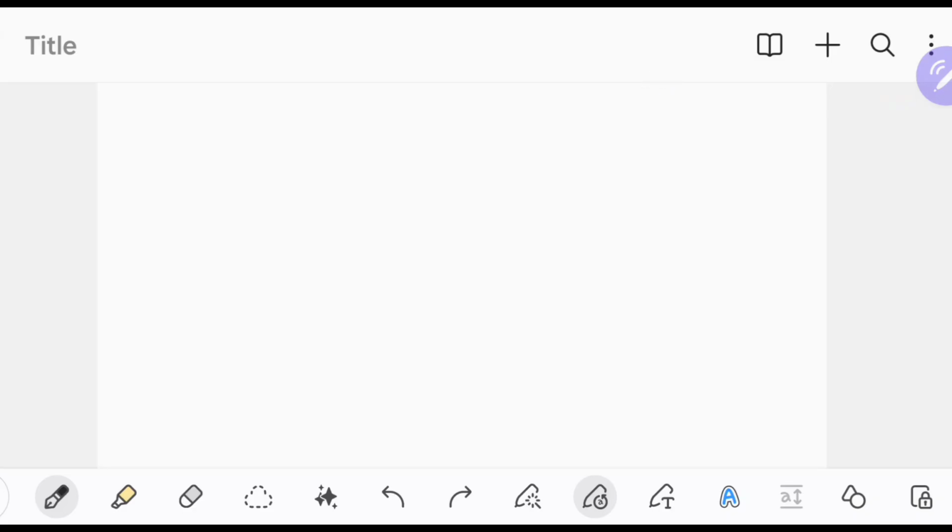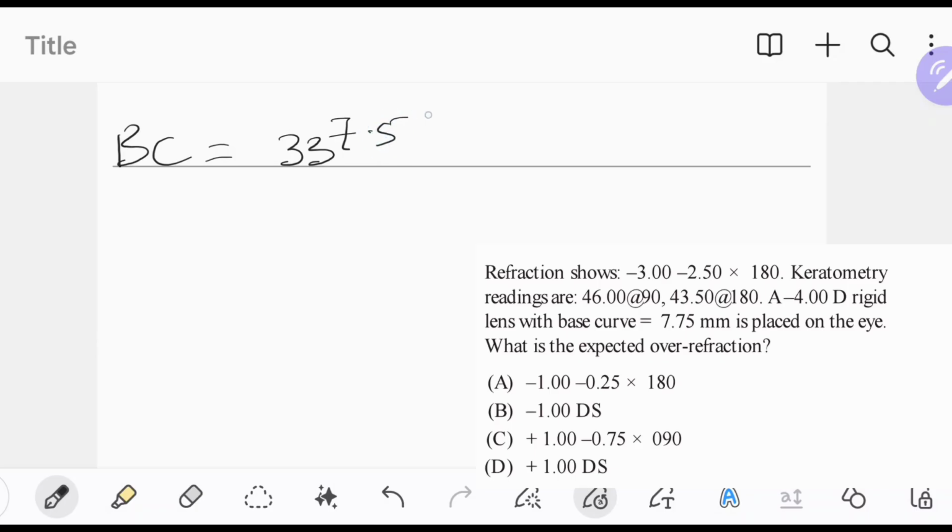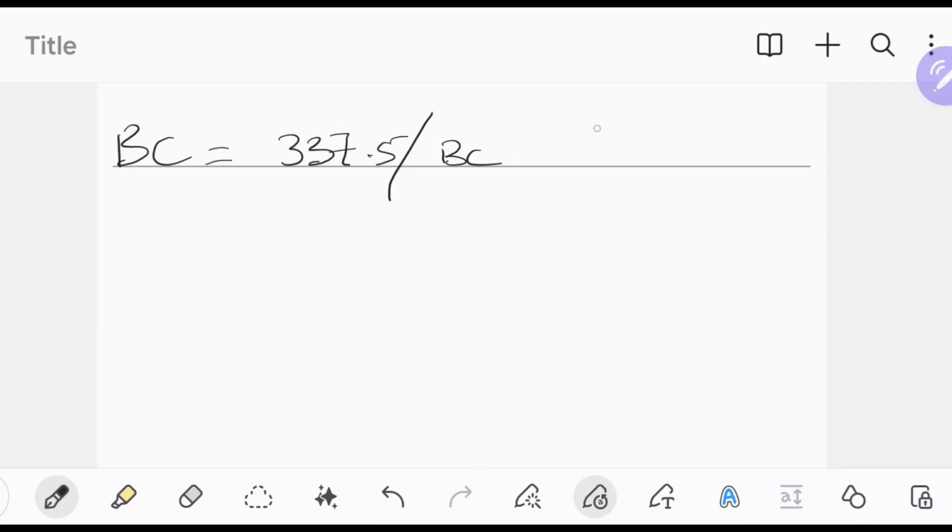Okay, so the formula for the base curve, if you want to convert it to diopters: you use the constant 337.5 over the base curve they gave you in millimeters, so that you'll be able to convert it to diopters.